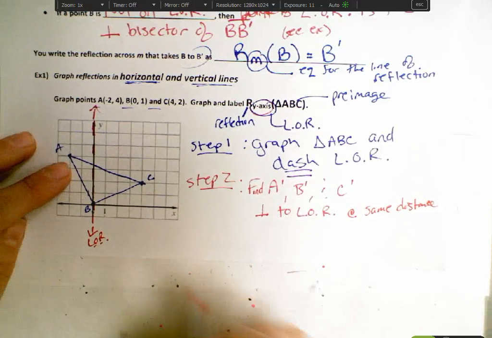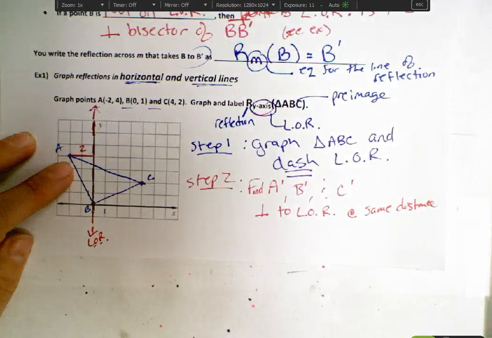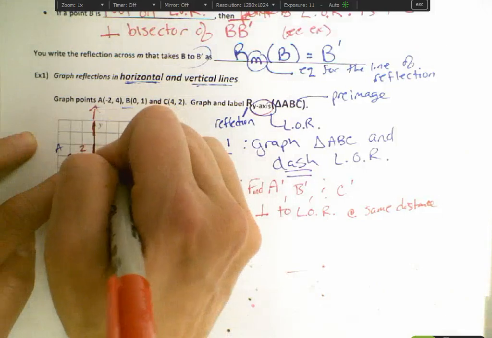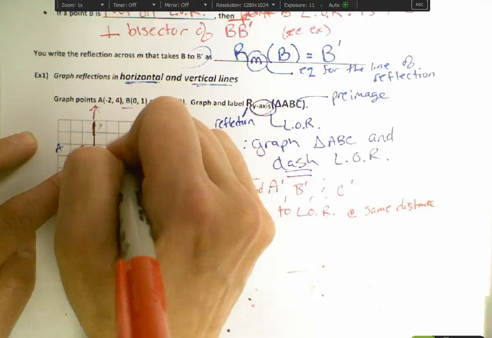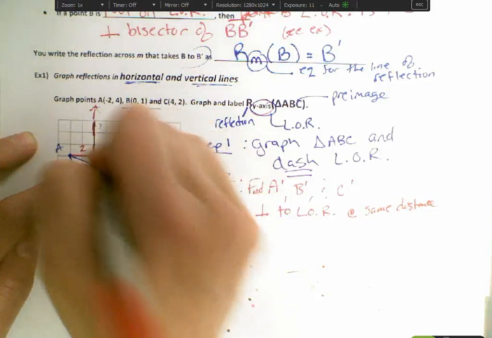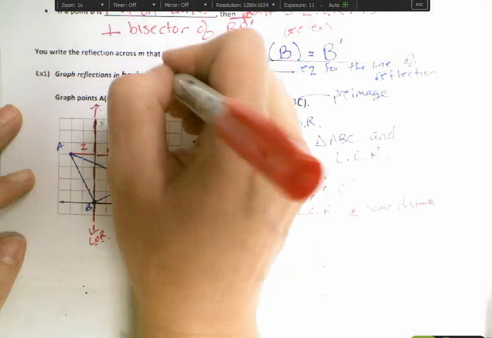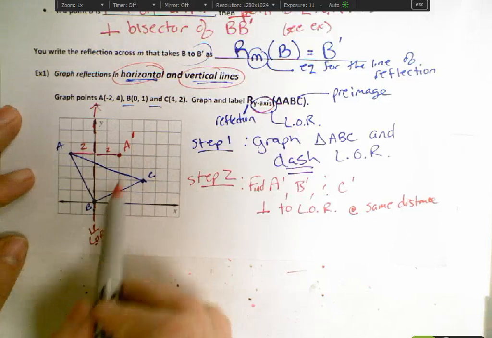A, perpendicular to the line of reflection, is 2 units away. So I take A and move it to the other side of the line of reflection 2 units to get A prime. And I do that with all of them. When my lines of reflection are horizontal and vertical, I just look for the perpendicular and swing it over.